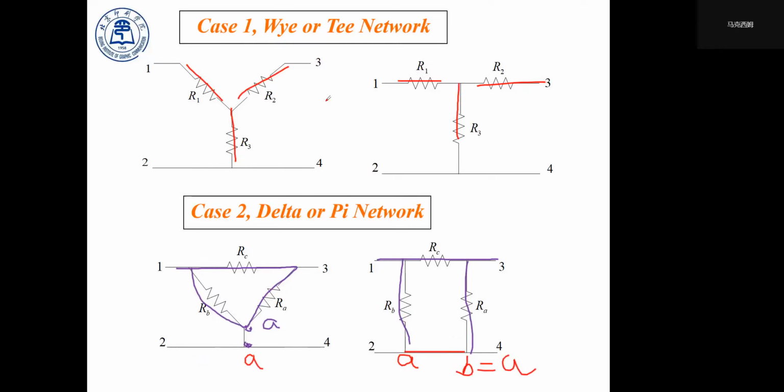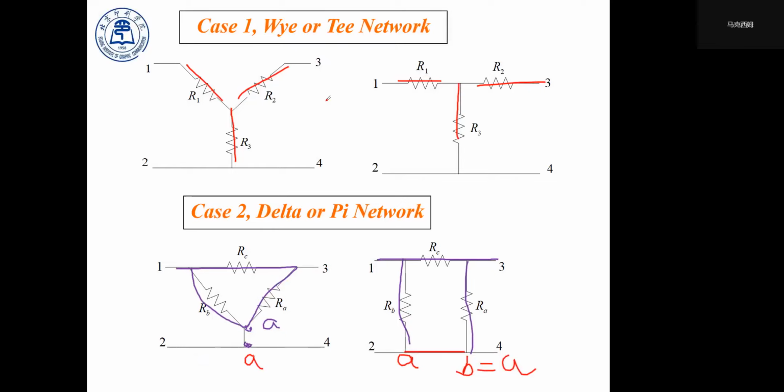So these are two typical three-terminal network inner structures. But in reality, the structure inside a three-terminal network could be much more complex.